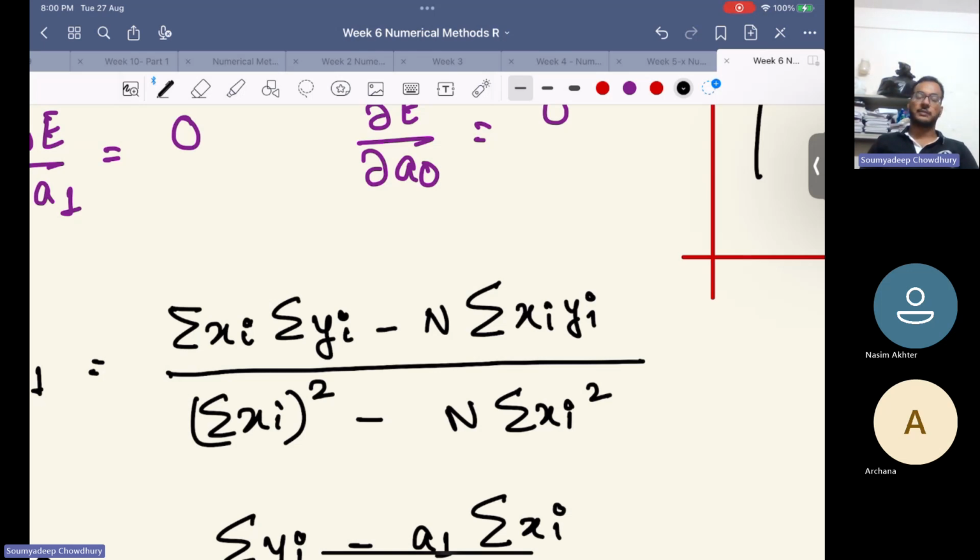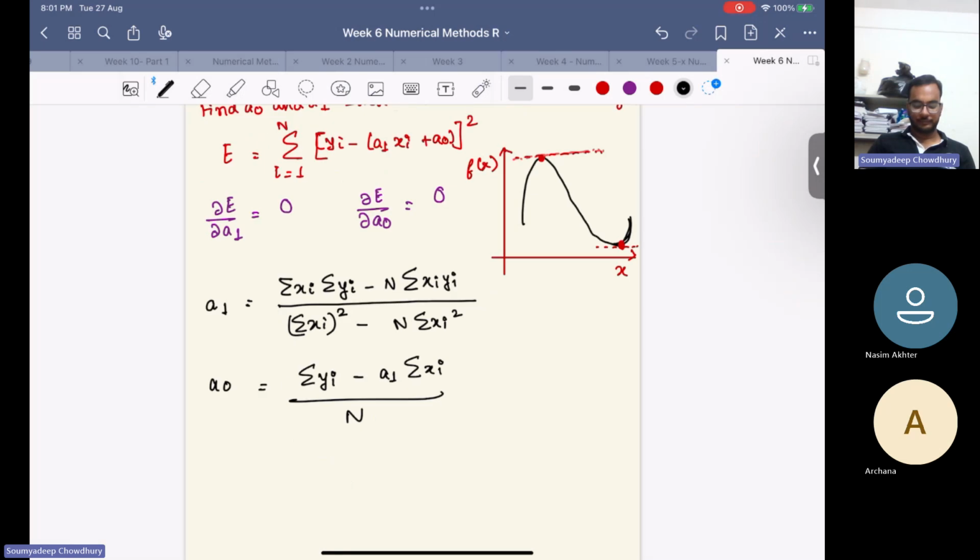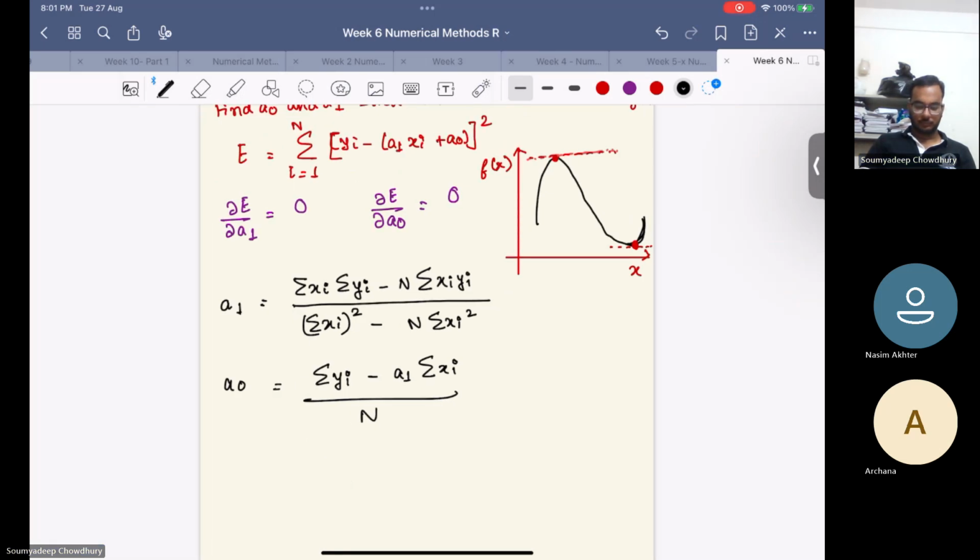Summation yi means you add up the corresponding values of y. Whereas summation xi yi means you find the product xy at each step and then sum the total. First you multiply and then you sum up. Is it clear? Yes, it is clear.